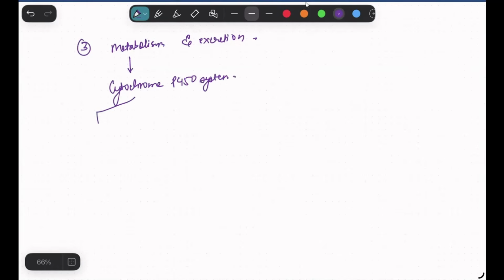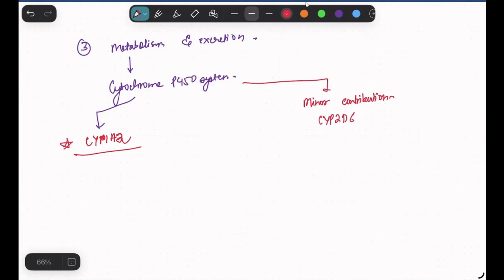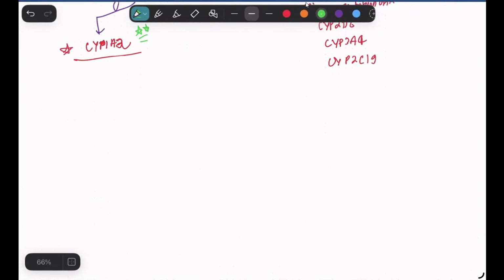The most important enzyme responsible, as you all know, is CYP1A2. The other minor contributions come from CYP2D6, CYP3A4, and CYP2C19. If you ask me which one to remember, the most important is CYP1A2, because when we study interactions with other agents, CYP1A2 will come into action.